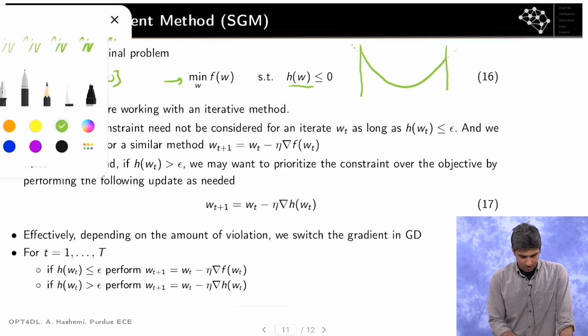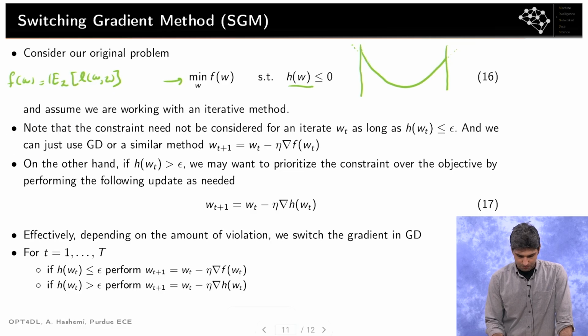Now let's say that I have a current solution here. If I want to minimize it, let's say using gradient descent, does it really matter what my constraint is? No, I can just apply gradient descent and move here. Again, if I have a feasible point, it doesn't matter to incorporate the constraint as part of my iterative algorithm.